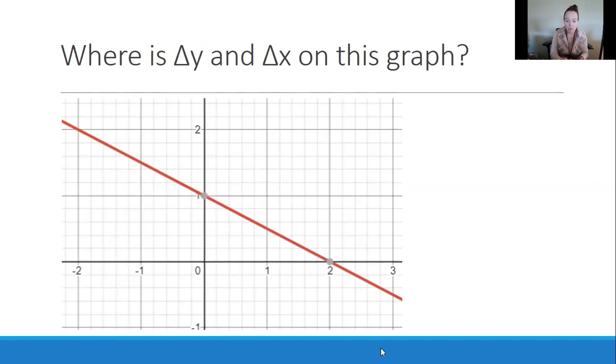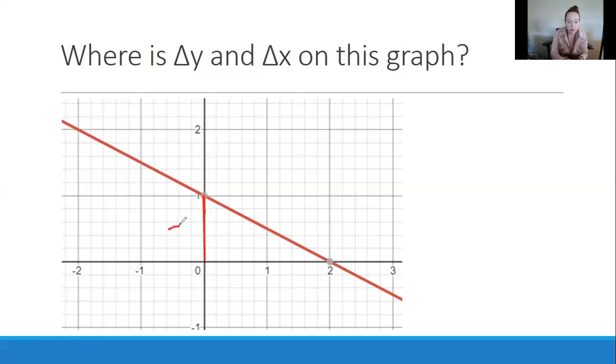So we give you a picture and we ask you, what's the change in y? And I will always put my change in y in red. So when I go change in y, I'm just looking for how far down did I go. So it looks like I went down 1.